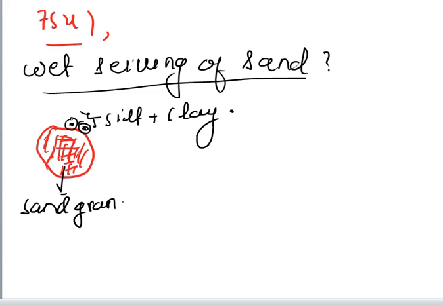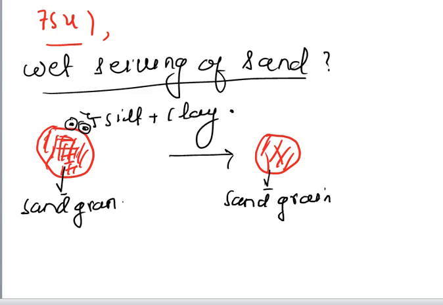So to make this water washing process effective, what we need to do is break the bondage, meaning the love which is being created between silt, clay and sand. We have to break that. We have to make them opponents. So let this be the sand grain, and we have to segregate it. We have to make them separated.